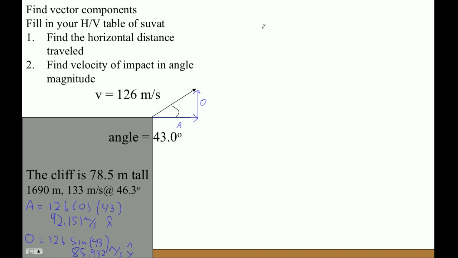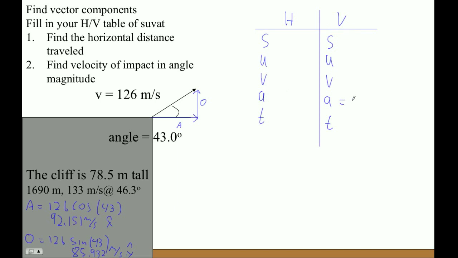So the next thing to do is to do one of these giant tables. So horizontal, vertical, S, U, V, A, T, S, U, V, A, T. And then our acceleration vertically is negative 9.81. Our initial velocities, we're going to get them from down here.